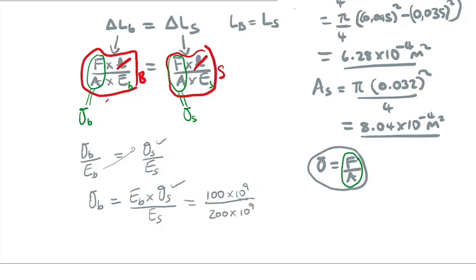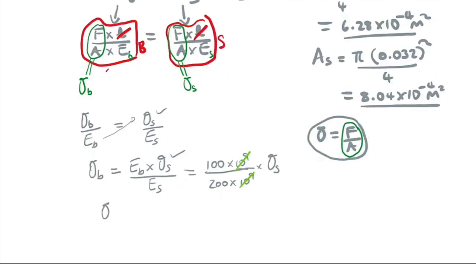Then this times the stress for the steel. These cancel the same. Here, the stress for the brass is equal to, when you solve this, it gives 0.5 times the stress for the steel. Then this is the equation.